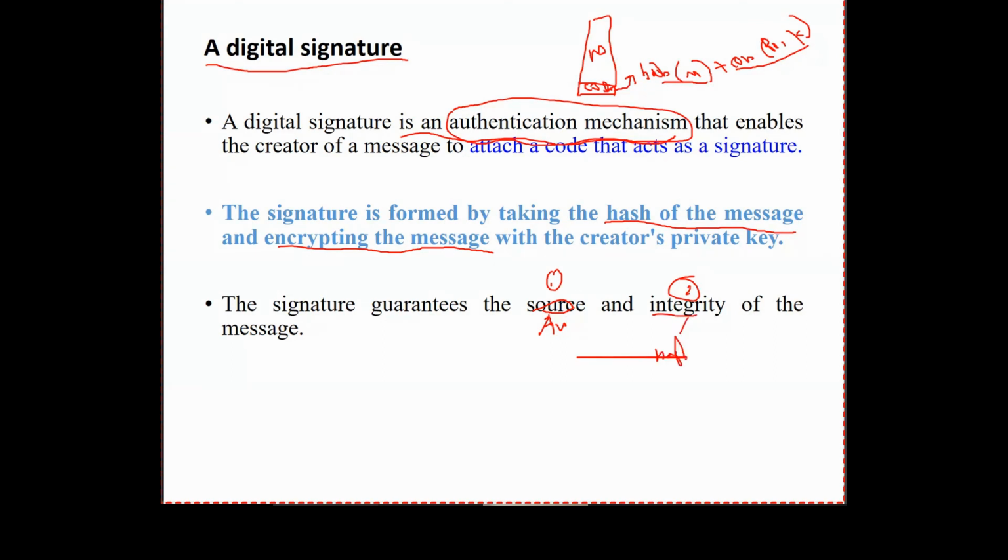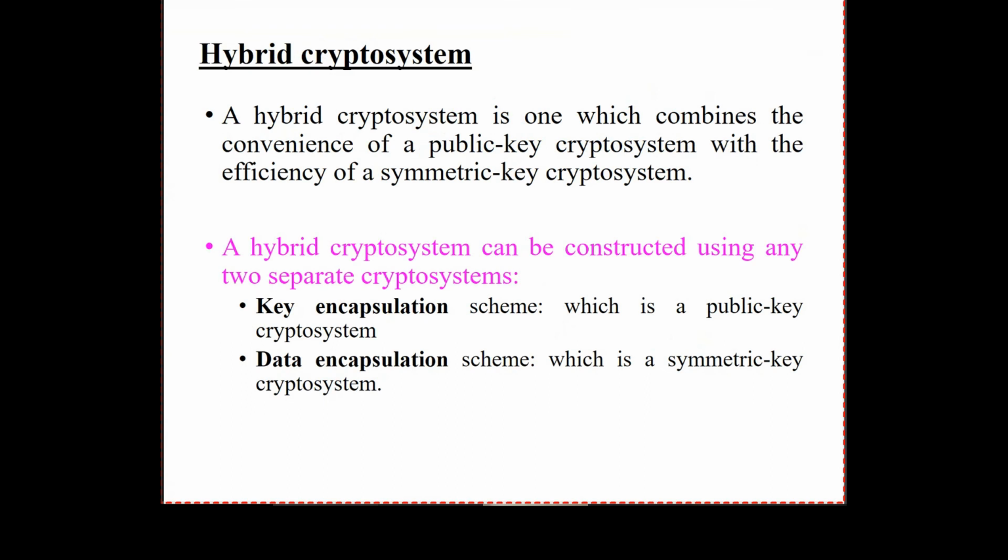If you change one letter in the message, the hash will change. If you change the time of the message, the hash will change. So it is a very sensitive calculation that depends on the content of the message itself. Now this is the definition of the signature.